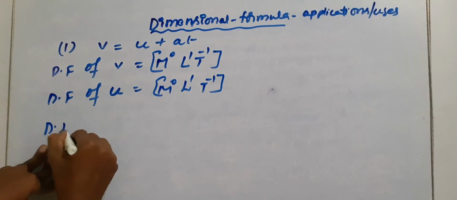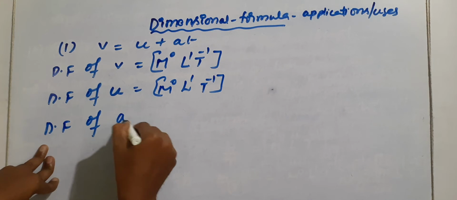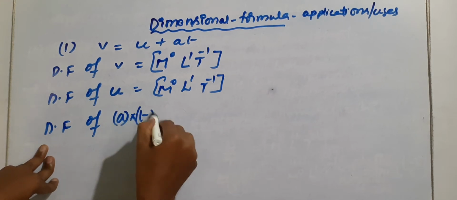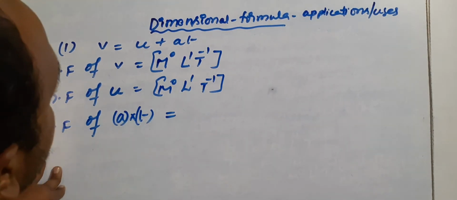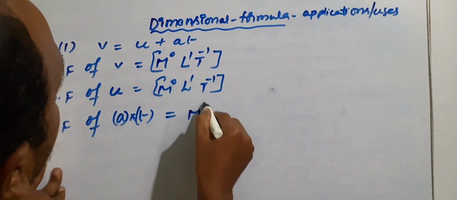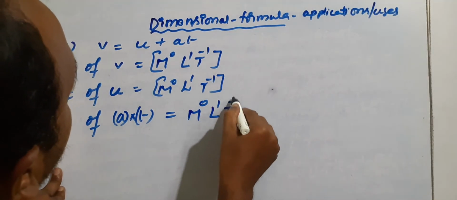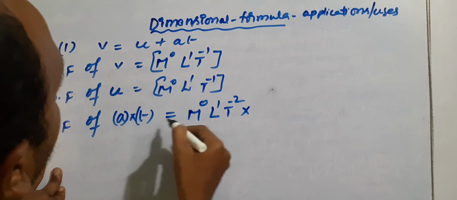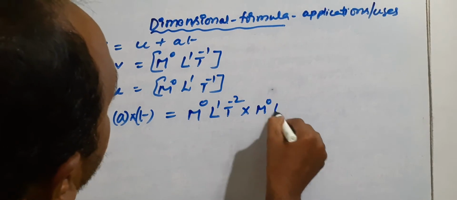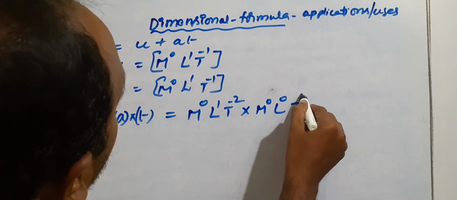Now the dimensional formula of a into t, where a is acceleration and t is time. Acceleration is M power 0, L power 1, T power minus 2, and time is M power 0, L power 0, T power 1.